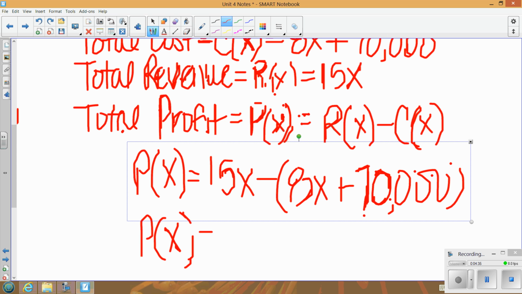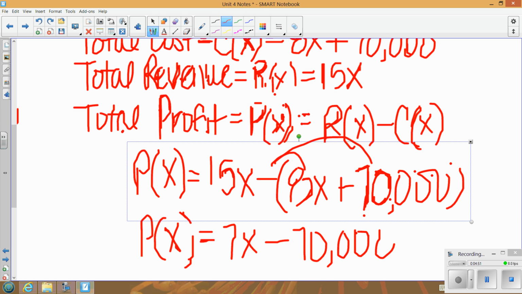I have 15x minus 8x, distributing this negative here. So 15x minus 8x is going to be 7x, and then minus the 70,000. So that's going to be my total profit equation.